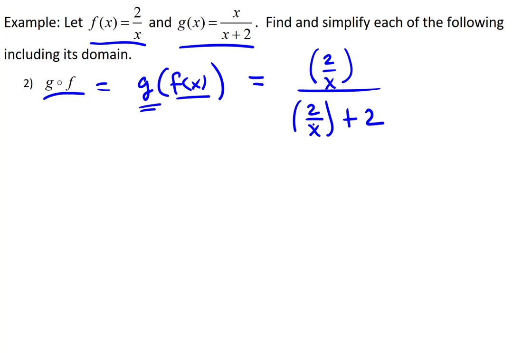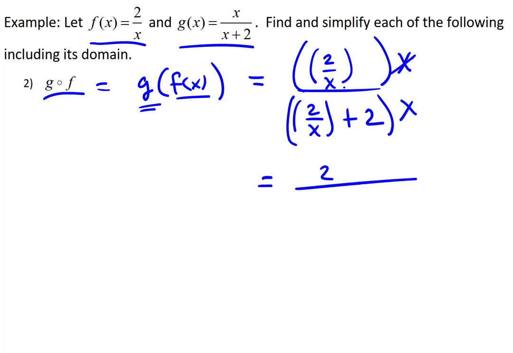Now we want to simplify this, and we can do so by using any method to simplify a complex fraction. We can try perhaps just multiplying by the minor LCD, which in this case would be the variable x. If we multiply by x top and bottom, we'll end up with just a 2 on the top. These x's would cancel.